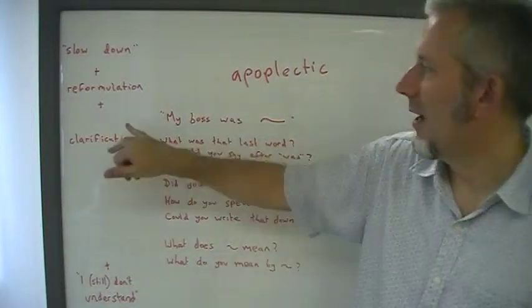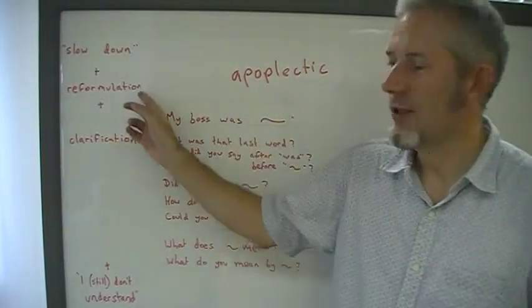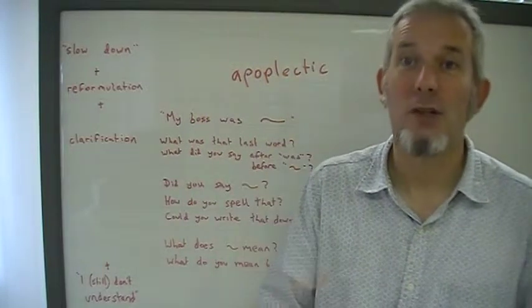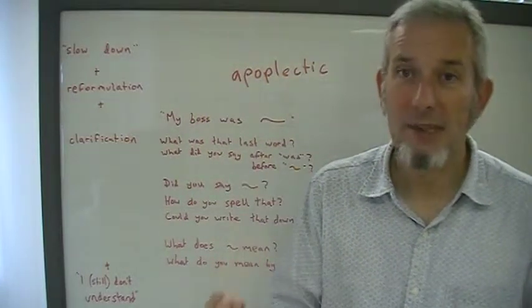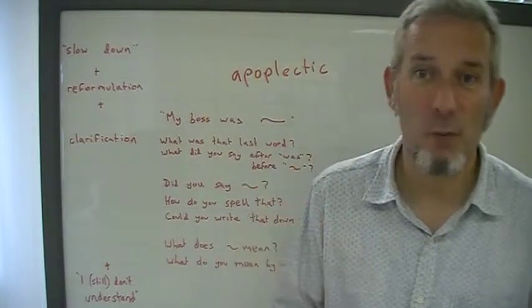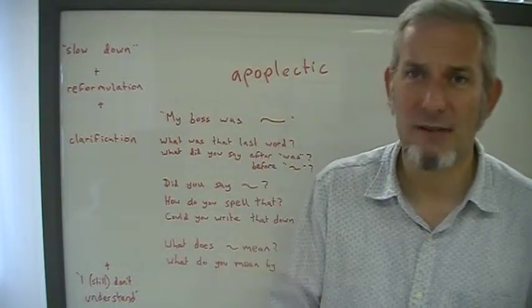Another very useful technique that you must not forget is to use reformulation. If you say, could you slow down a bit? Could you repeat that? I will still say the same words each time. And you don't understand these words or this phrase.